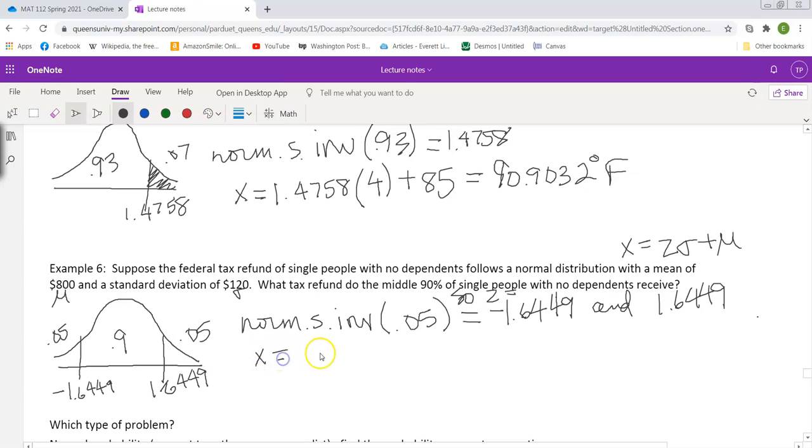There's x equals negative 1.6449 times sigma, so times 120, plus mu, and then there's also the positive.